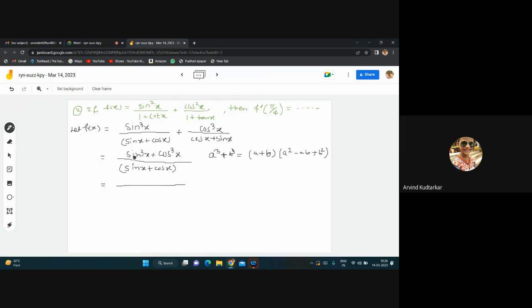When you substitute in this formula, we get sin x plus cos x into sin square x minus sin x into cos x plus cos square x, upon sin x plus cos x.